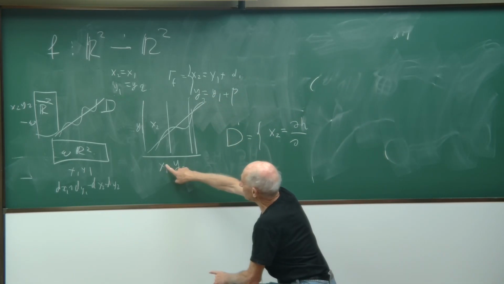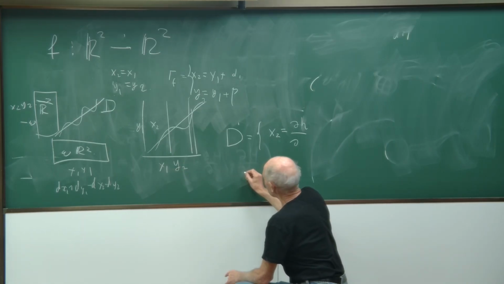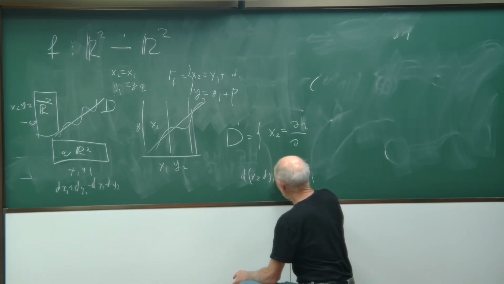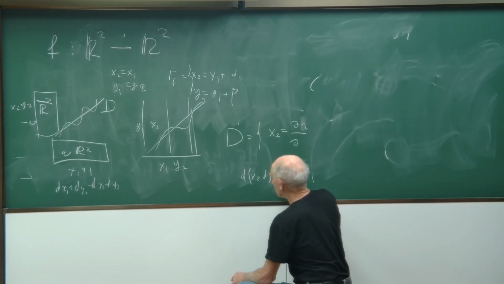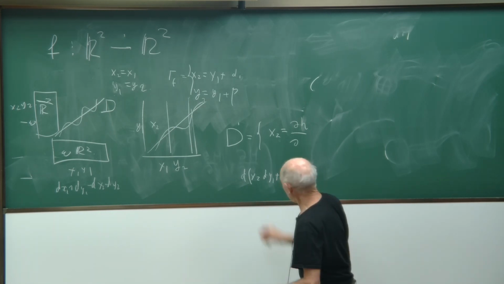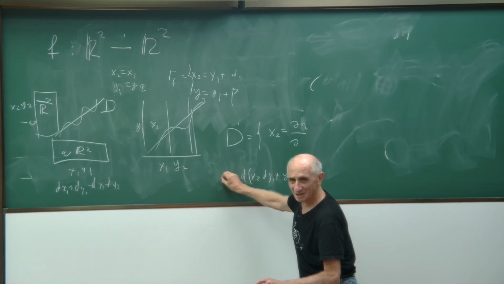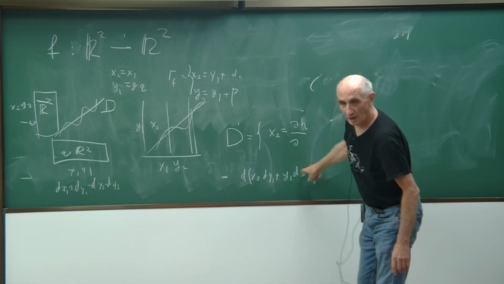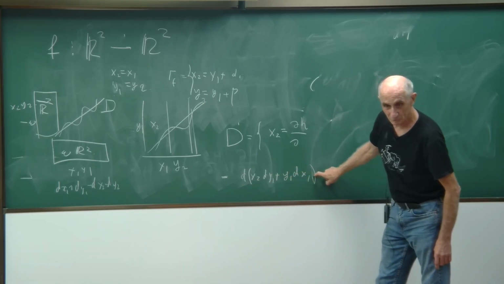Actually, I can write that my form is a differential of x2 dy2 plus y1 dx1. Maybe the sign is wrong, so minus this; up to sign, it's a differential of this thing.